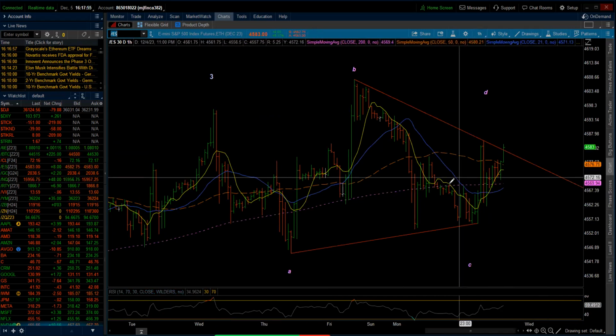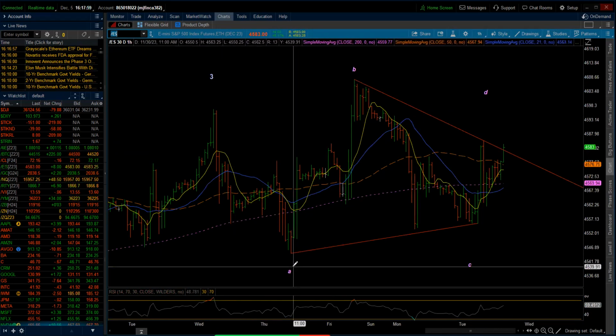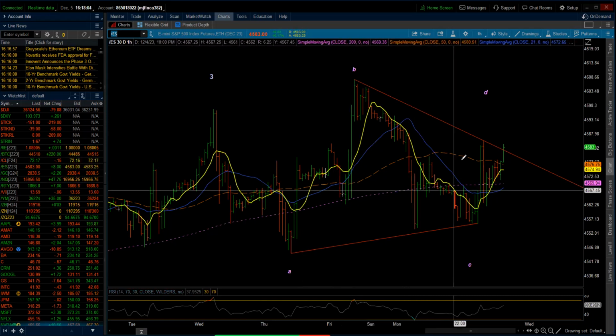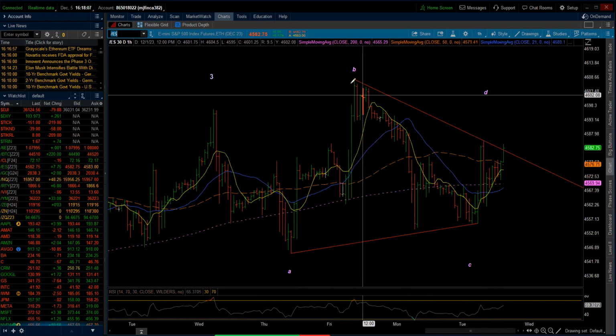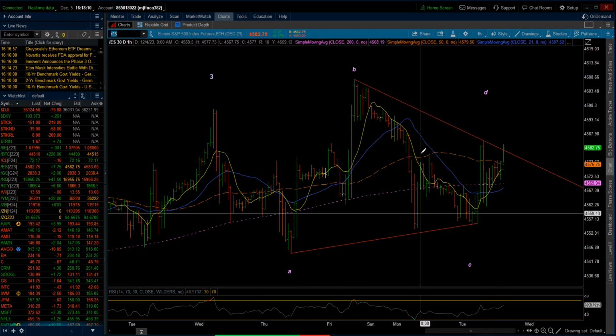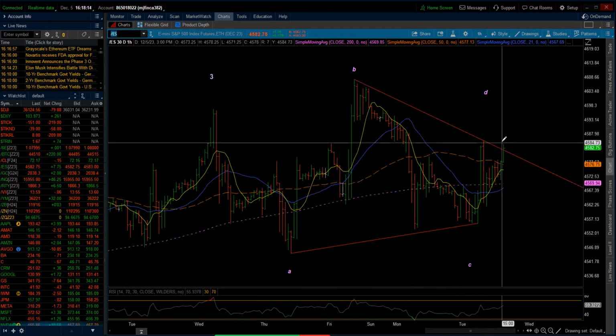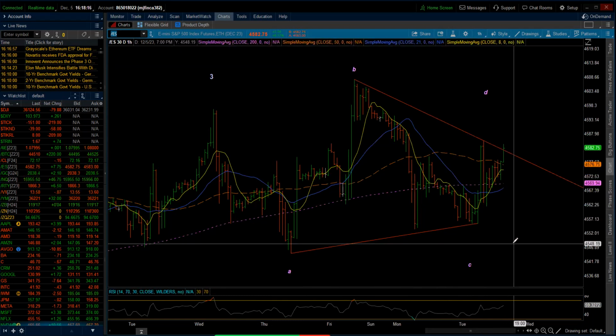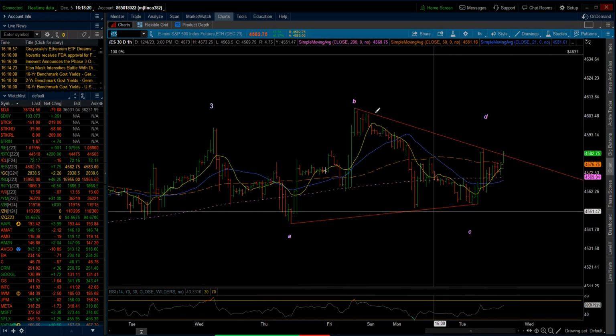So is this, now get this, here's wave 3, here's wave A. Could this be A, B, C, D, E, or A, B, C, D, E? And now we come swinging back down in a C wave to finish wave 4.